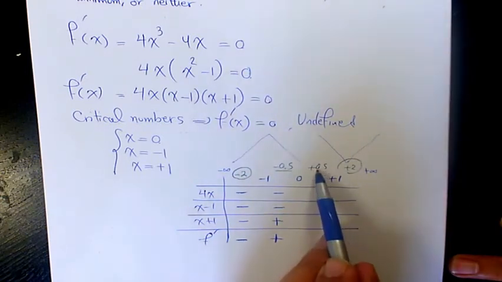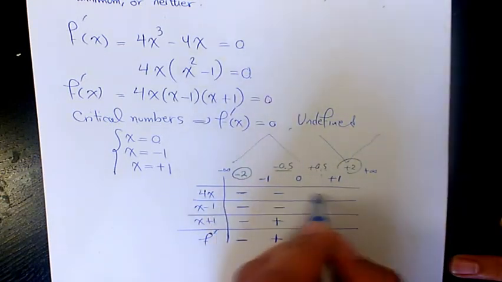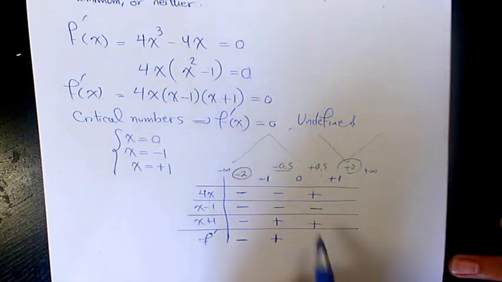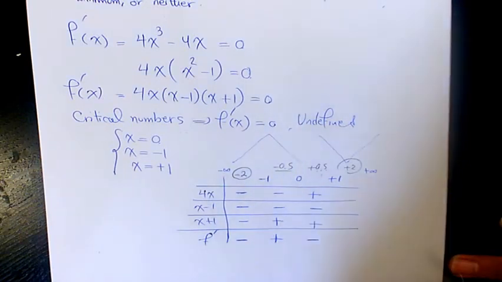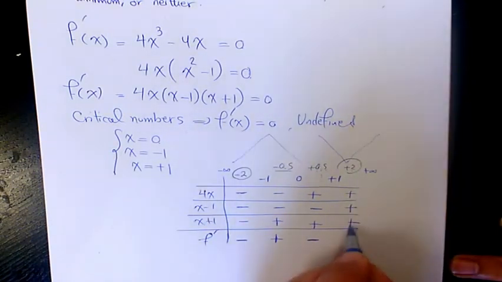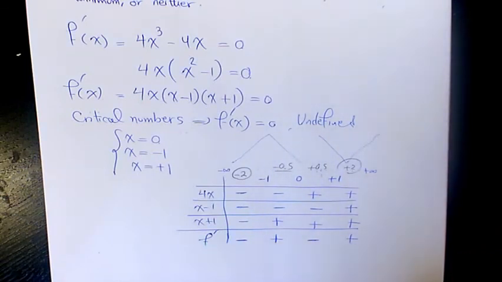Then you have 0.5 times 4, which is plus, negative, positive. Positive times negative times positive is going to be negative. Then plus 2, 4 times plus 2 is plus, plus, plus. So multiplication of 3 pluses is going to be plus.